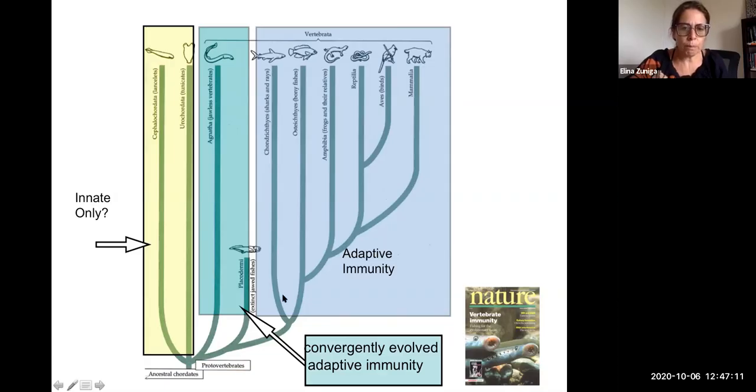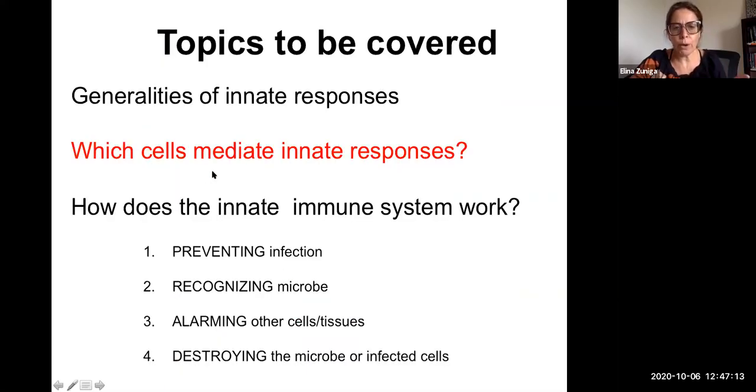And so we will now learn which are the cells that mediate the innate immune response. I'm talking here about the professional innate cells.